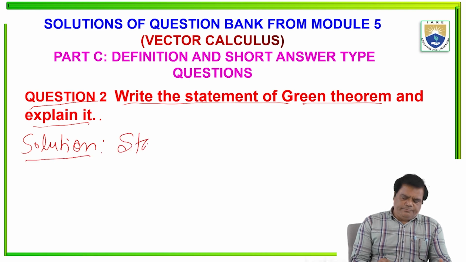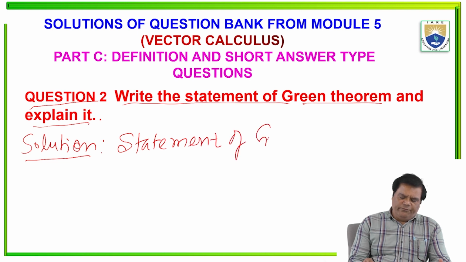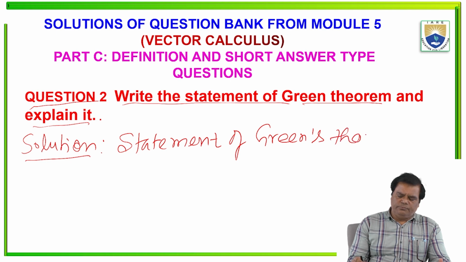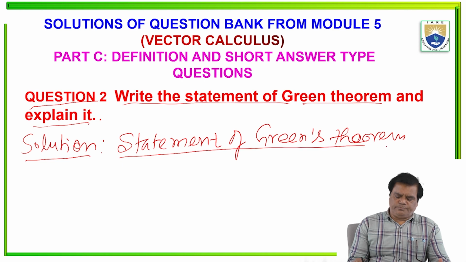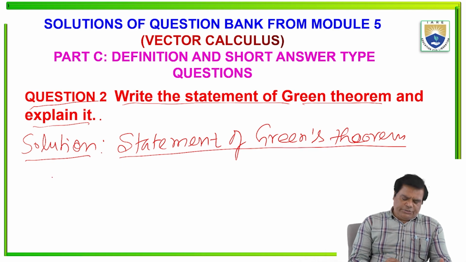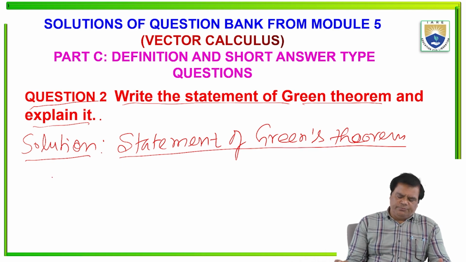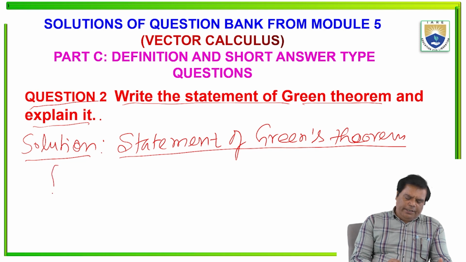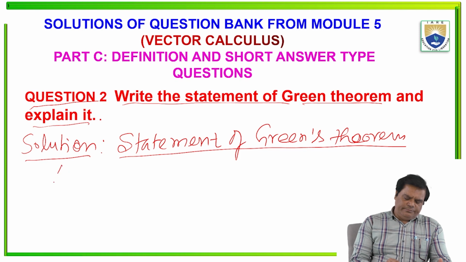Statement of Green theorem. The statement of Green theorem is: line integral equal to area integral.